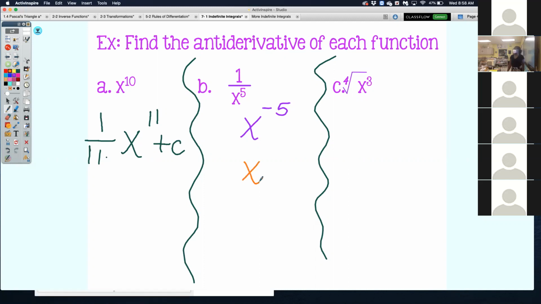So -5 plus 1 is -4. So then my new exponent is going to be -4. My coefficient is 1 over -4. We'll have our plus c. But of course, we cannot work with any negative exponents, so we need to bring that x to the -4 back down to the denominator. So my final answer is -1/4 x to the 4th plus c with that x to the 4th in the denominator with the 4.